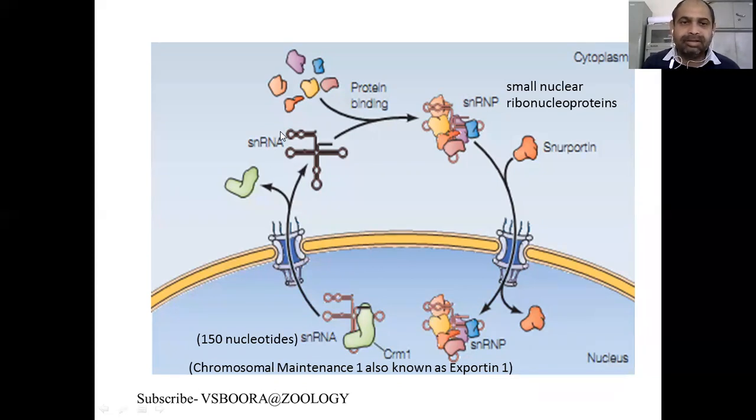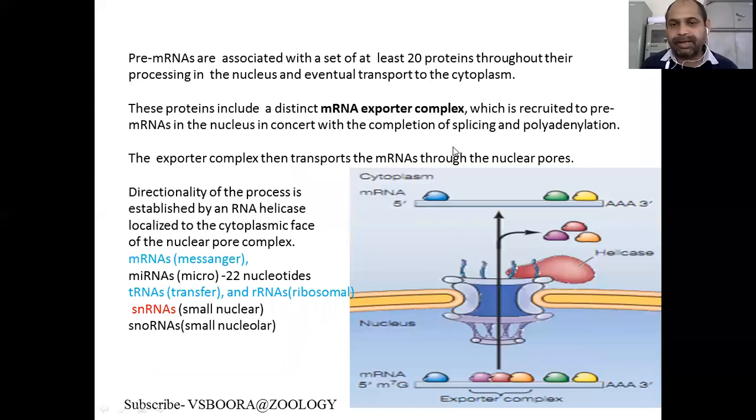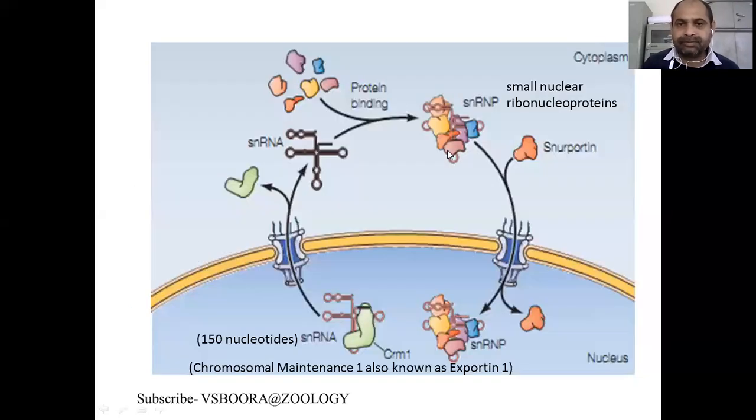In the cytoplasm, small nuclear RNA molecules bind with specific proteins, forming splicing complex molecules, which are required for the splicing of mRNA molecules. Such a complex is then recognized by importin, the snurportin molecules, and imported into the nucleoplasm.